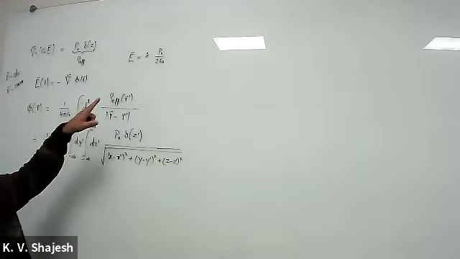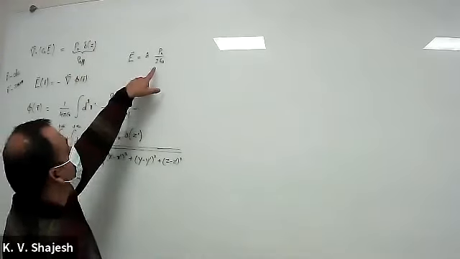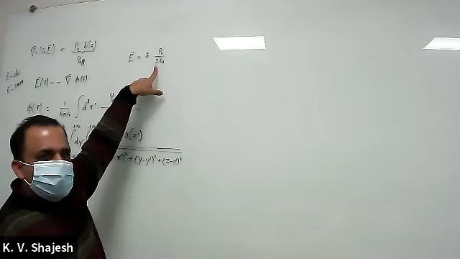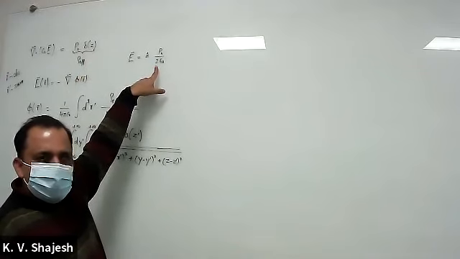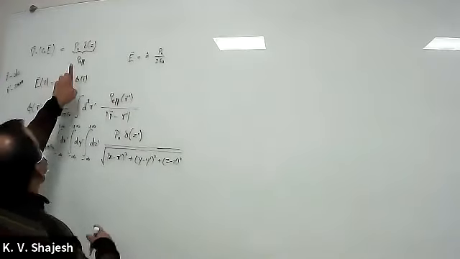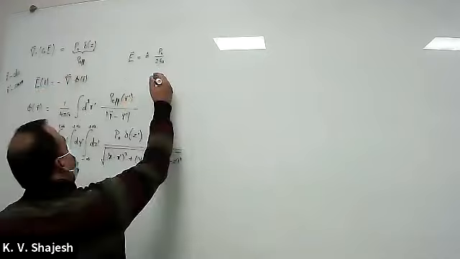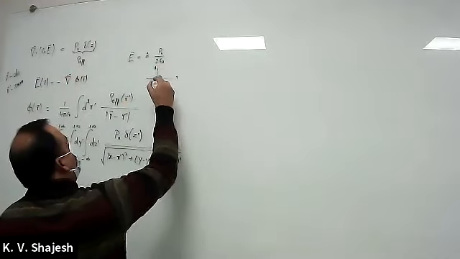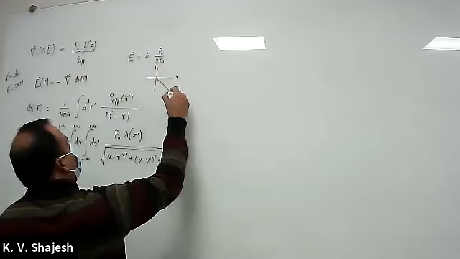It's proportional to z, right? Because the derivative of something has to give you a constant. It has to be proportional to z, and in fact, it is negative z, right? Because if you keep a positive charge next to the plate, it should run away. If you were to plot this, so this is phi, and that's r, it should be something like this, right?